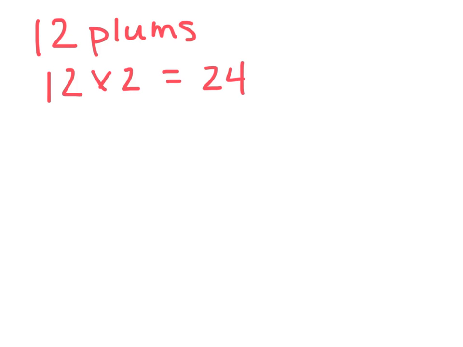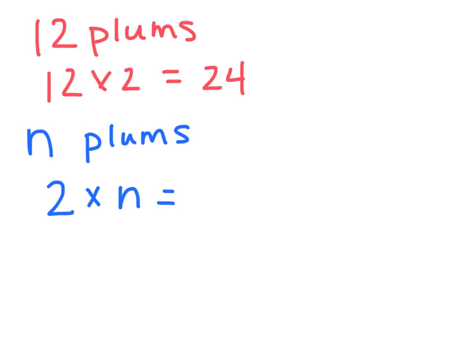Now let's do the same problem, but let's say instead of 12 plums, we have n plums, some unknown number of plums. So how many plums are in 2 such boxes of n plums? Well, we would take 2 times n, and that would equal 2n, or 2 times n.